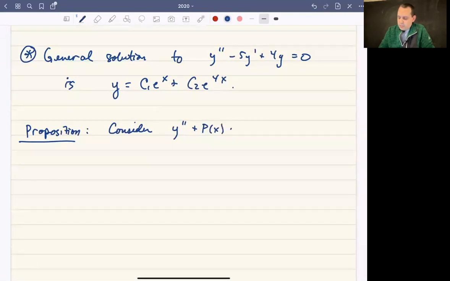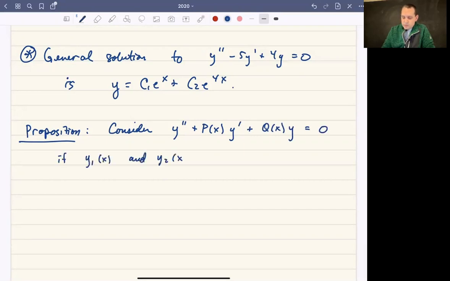So y double prime plus p of x y prime plus q of x y equals 0. If y1 and y2 are solutions to this differential equation, then so is the general quantity c1y1 plus c2y2.